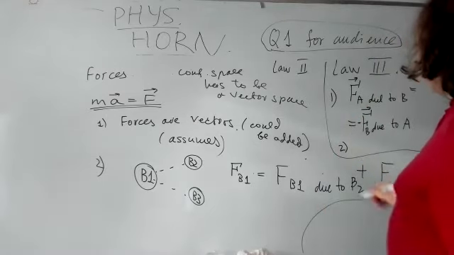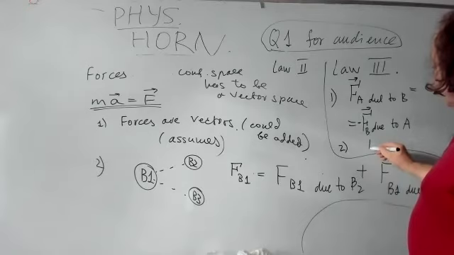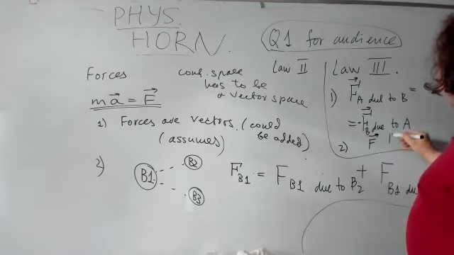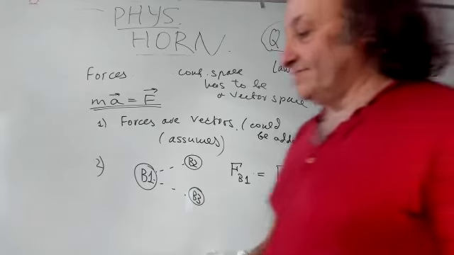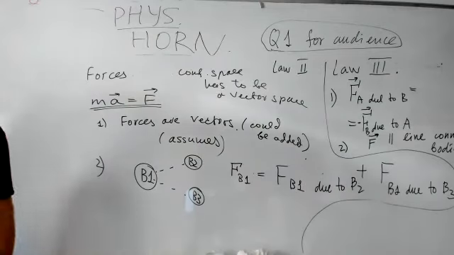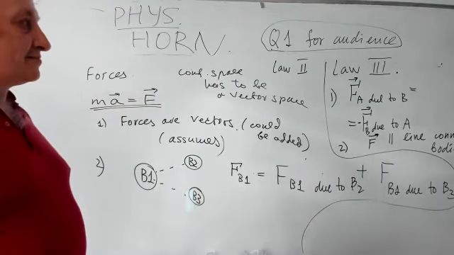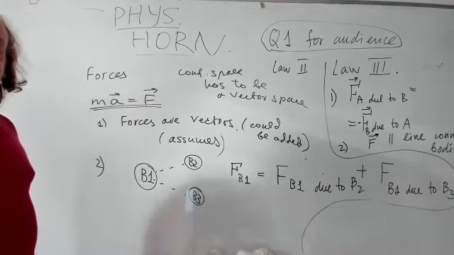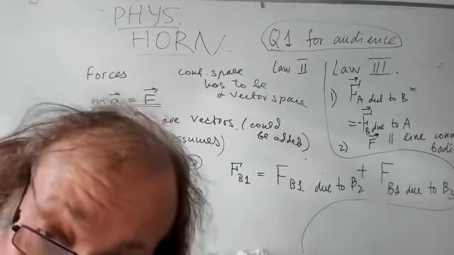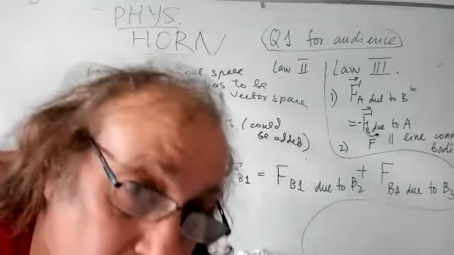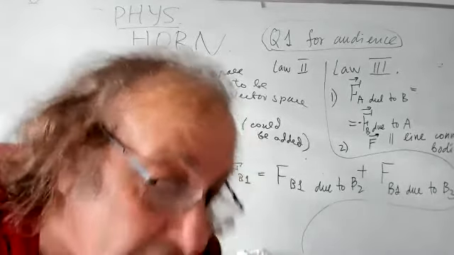The second part is that this F is parallel to the line connecting bodies. So 2 pieces. Okay. So there are 2 pieces actually here.